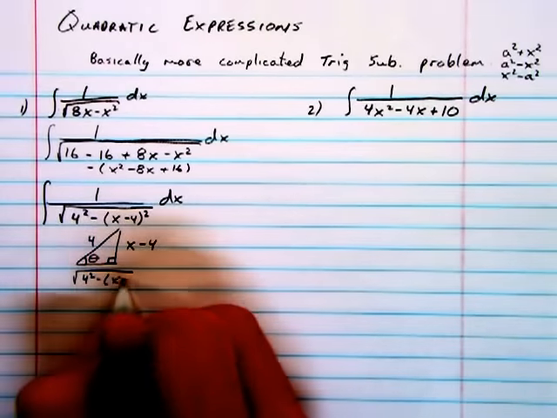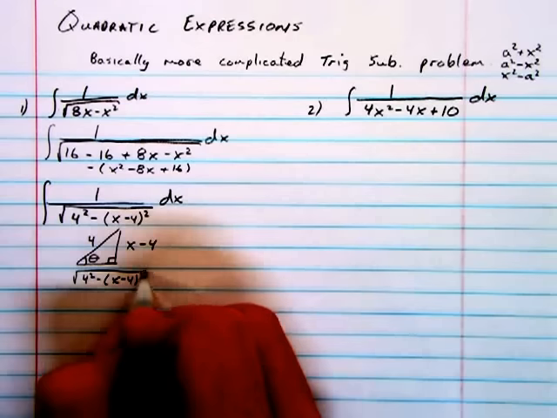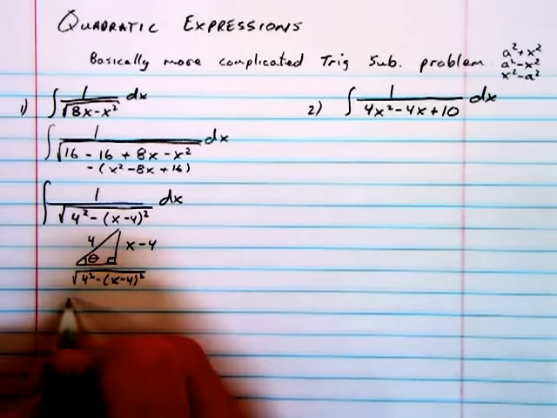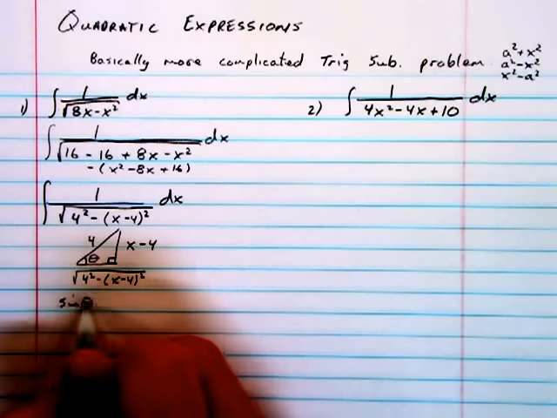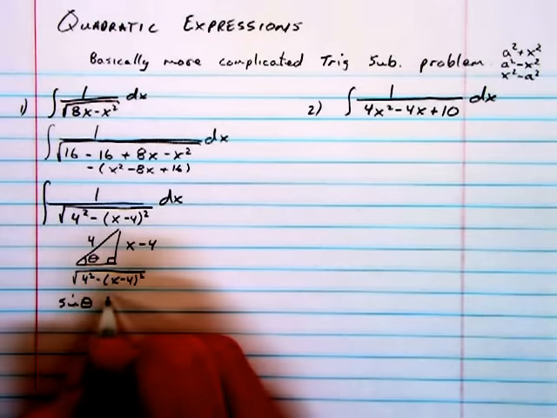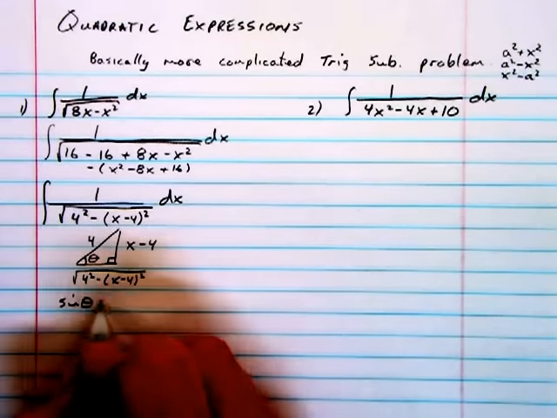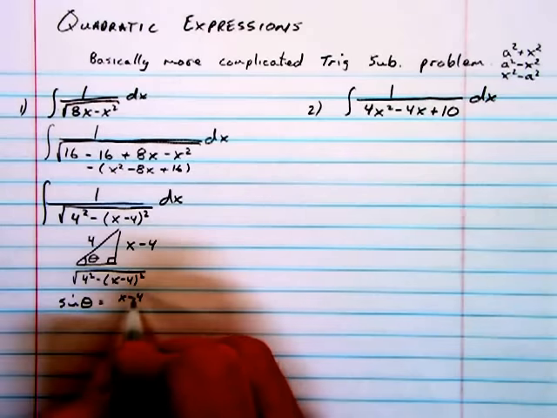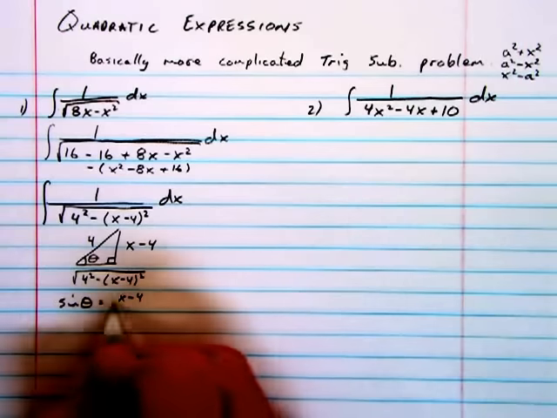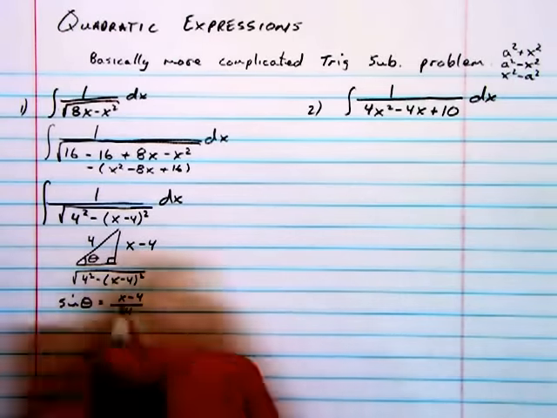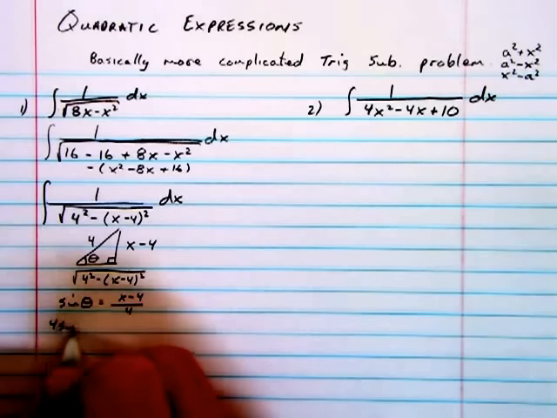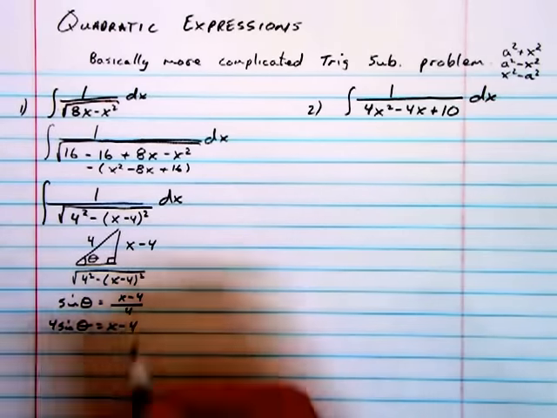So we'll have 4 squared minus x minus 4 quantity squared. So we'll define our trig function. We want sine. Sine theta will equal x minus 4 over 4. And so that's 4 sine theta equals x minus 4.